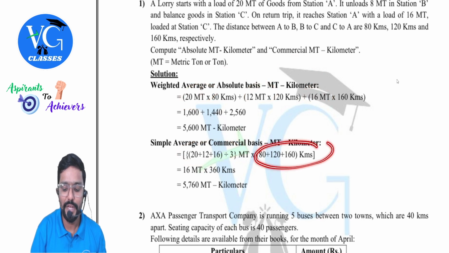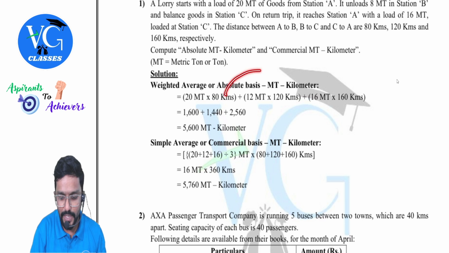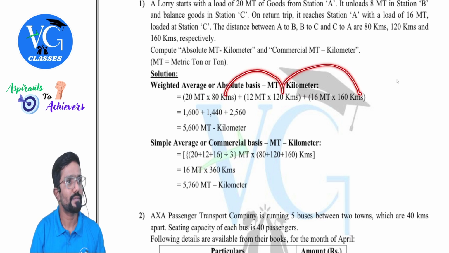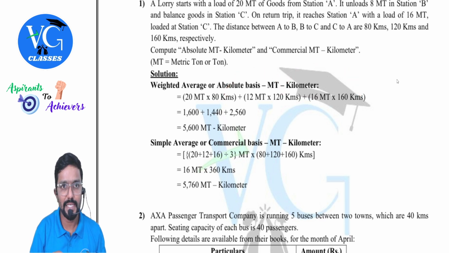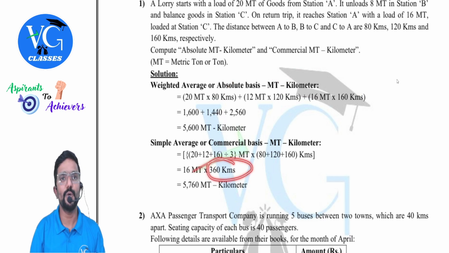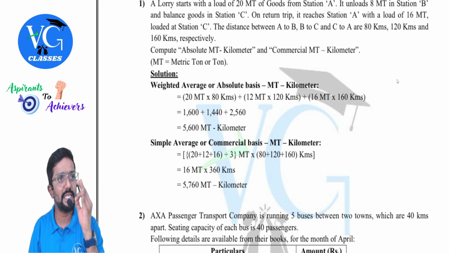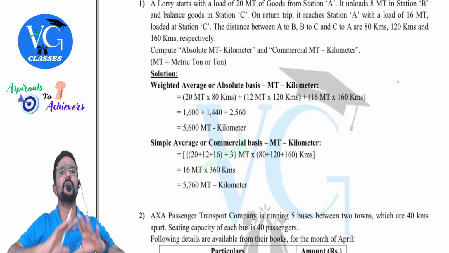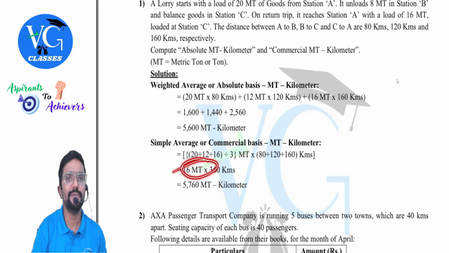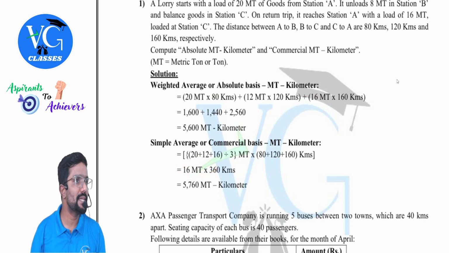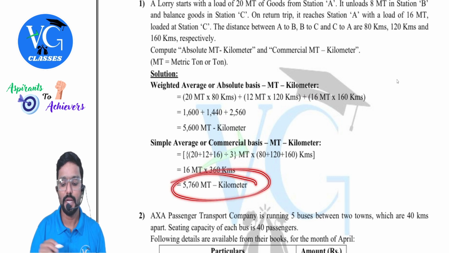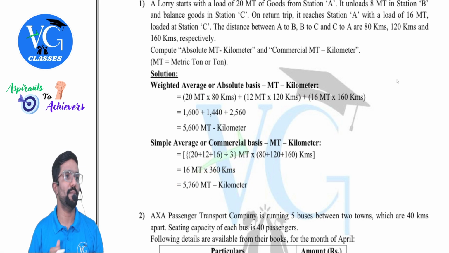Multiply that with the total kilometers traveled, adding up all the kilometers. So that means the truck has totally traveled 360 kilometers by carrying on an average 16 metric tons. This is nothing but commercial metric ton kilometer.